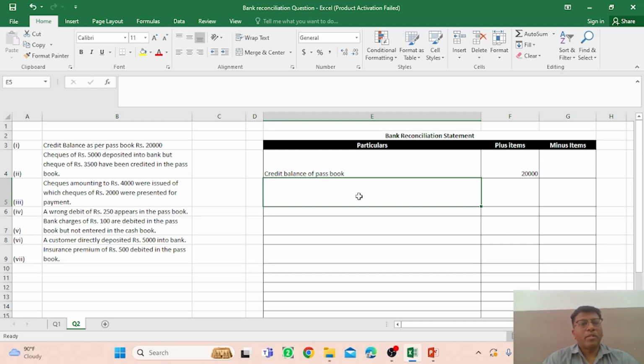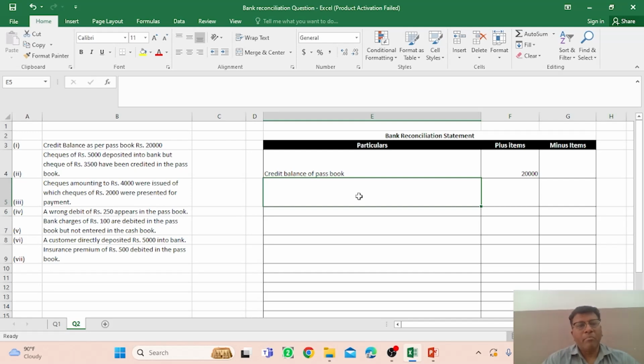If you deposited checks, no doubt once the businessman is depositing the checks or cash into bank, the entry is passed in the cash book, and the bank column of the cash book would be increased by that transaction. So 5,000 were deposited in the cash book, it is supposed, but checks of rupees 3,500 have been credited in the passbook.